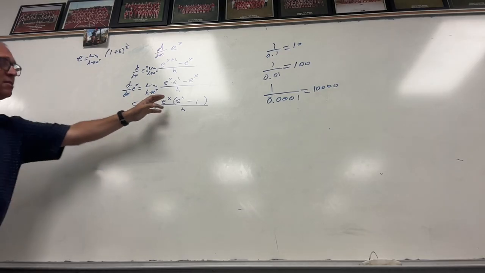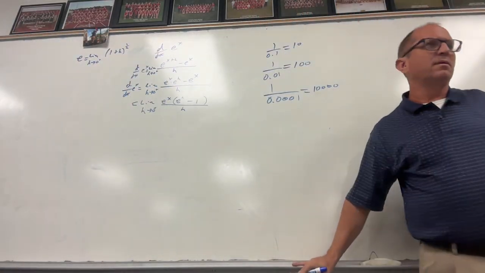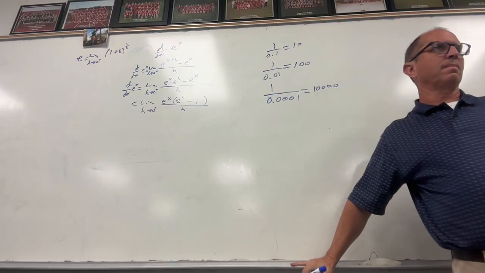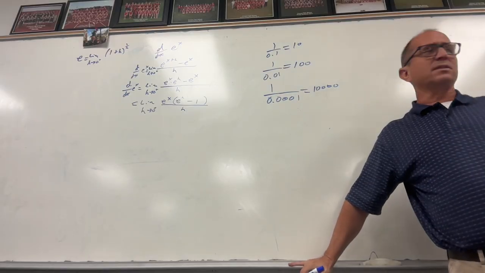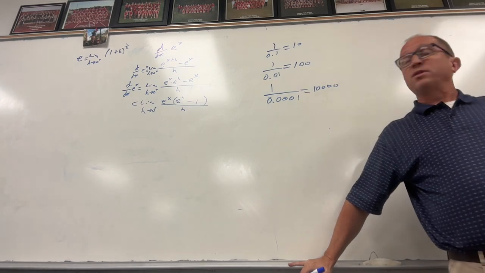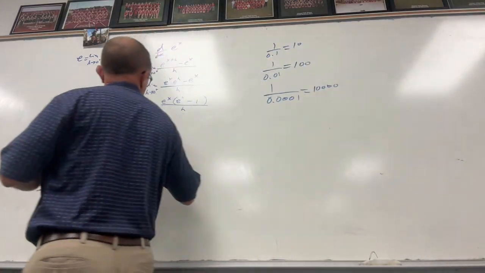What happens to e to the x as h approaches 0? It's getting bigger. Is it constant? Yeah, in a sense it is, because h approaching 0 has nothing to do with e to the x. So I can pull it out front.